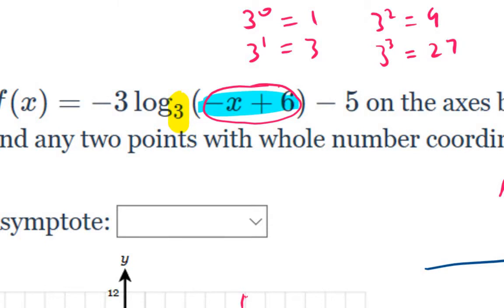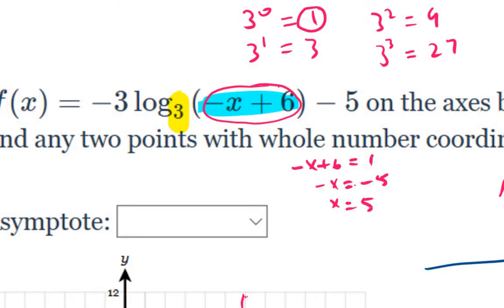So what we can do is set it equal to one of those numbers. Let's say we set it equal to 1, for example. So we're going to say negative x plus 6 must be 1, and then negative x equals negative 5 when you subtract 6 from both sides, and then x equals 5 if you divide by negative 1.